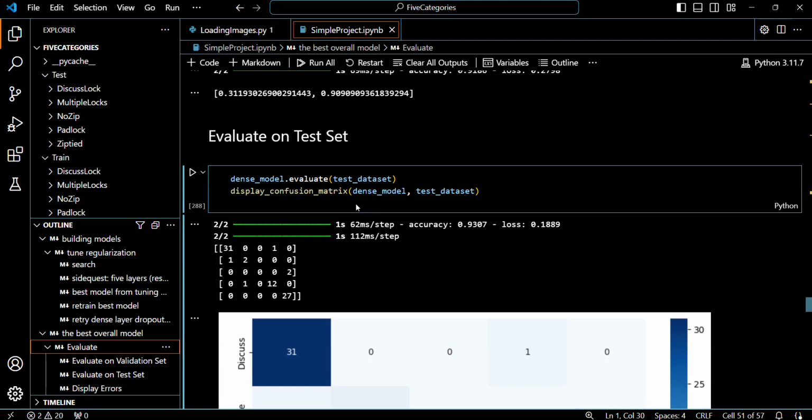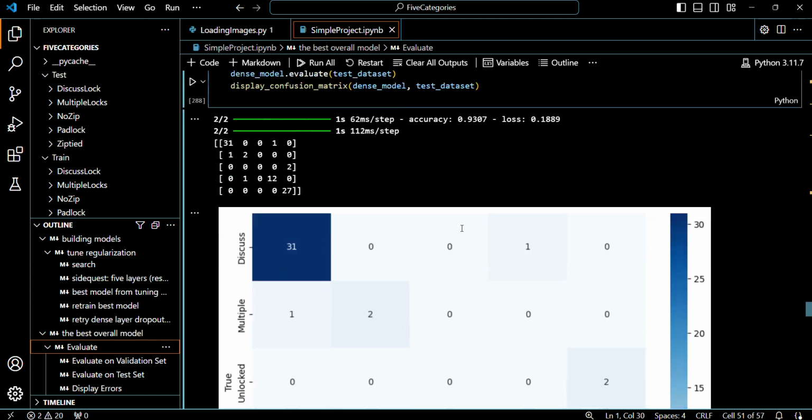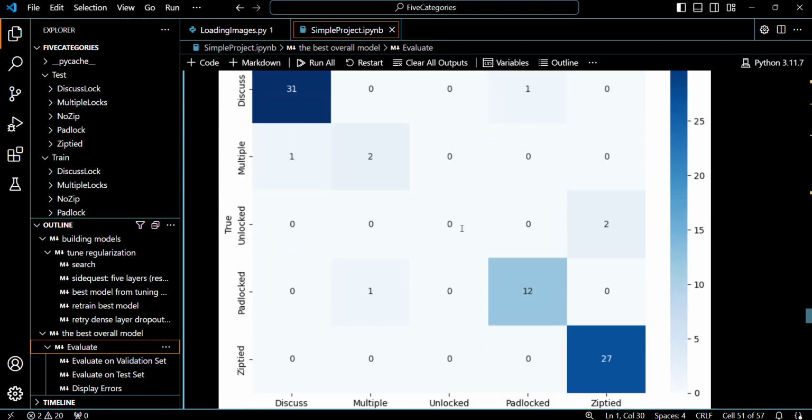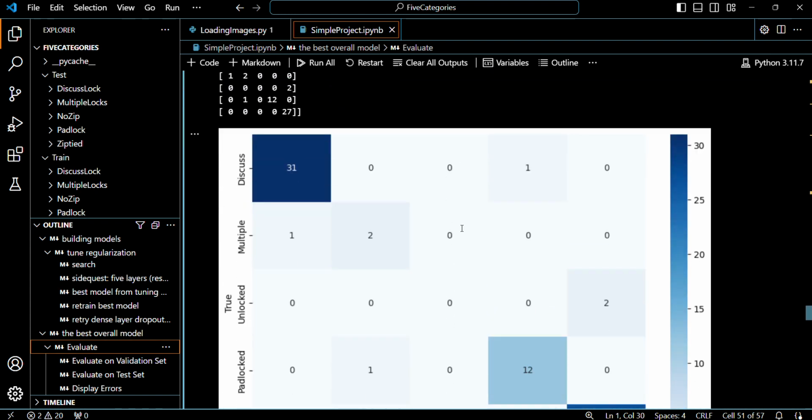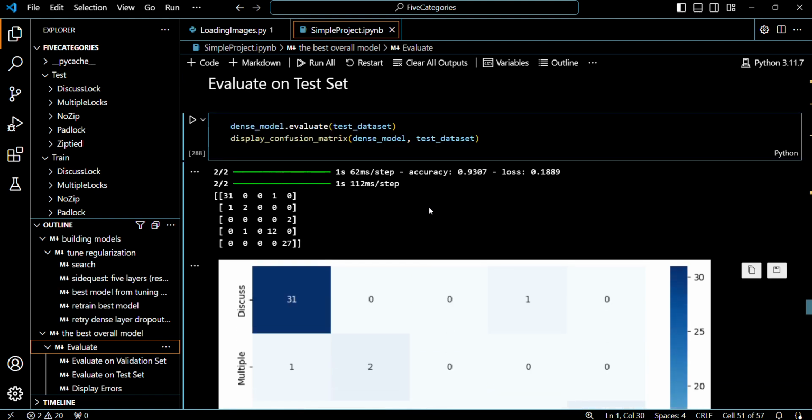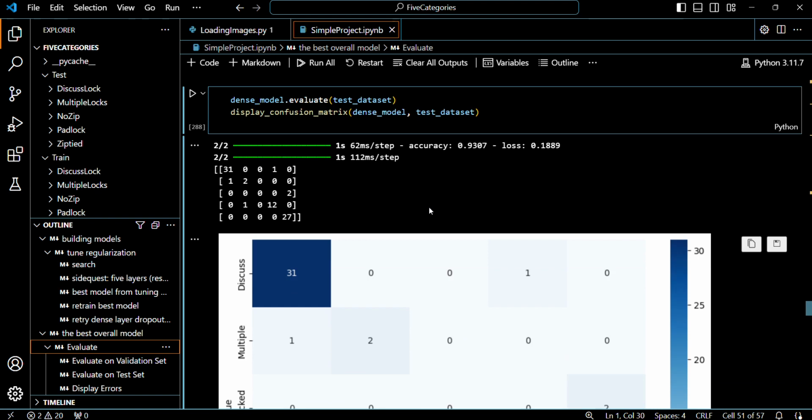That's data that it hasn't seen yet, and it's 93% accuracy on the test data set. I think I said I wasn't going to talk about data, but this is the grand conclusion. This is what all this has been for.